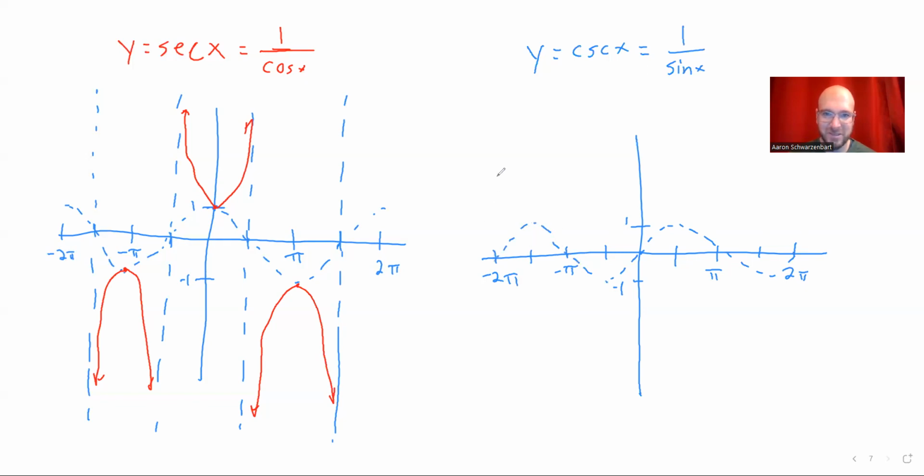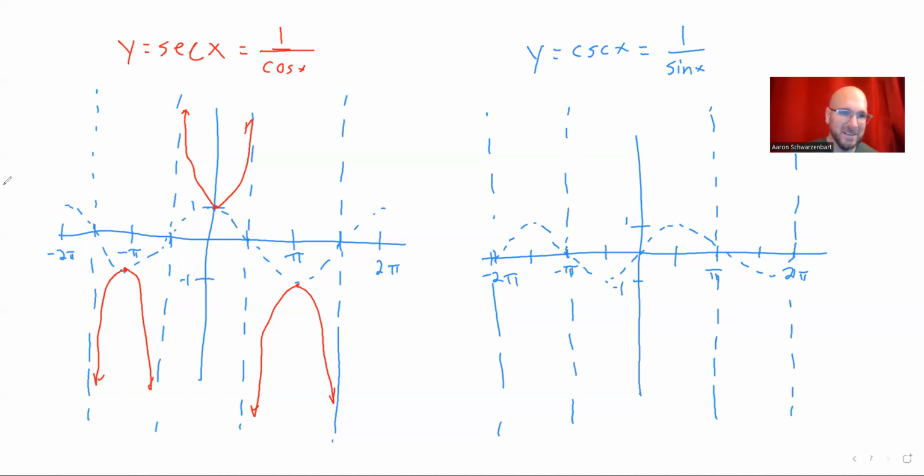Again, my vertical asymptotes are where sine is 0. So all these points where that sine graph that I sketched in touches the x-axis. And I didn't hit them dead on, but roughly. And then again, it's those U-shaped things, again, touching the sine.